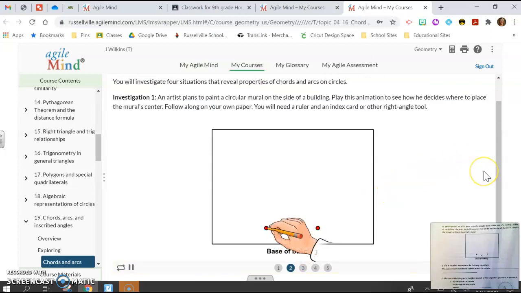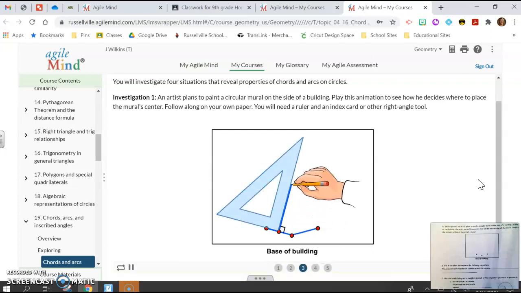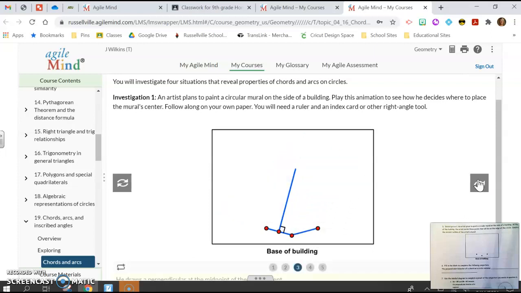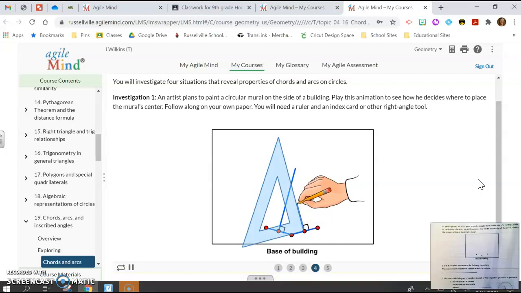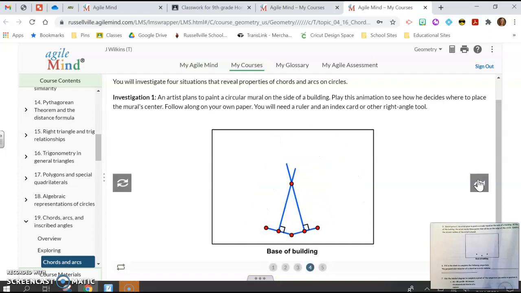In order to find the center, he connects those together and finds the perpendicular bisector, which we are going to use the compass for, and I'll remind you how to do that. He finds the perpendicular bisector of each segment, and where they intersect will give us the center of our circle.